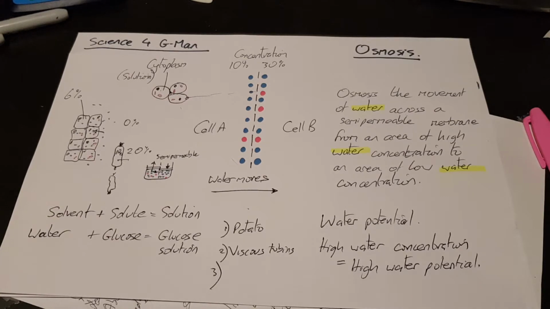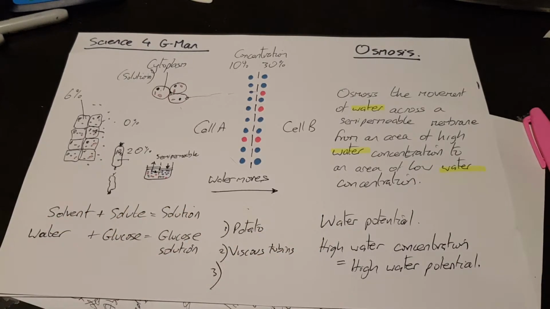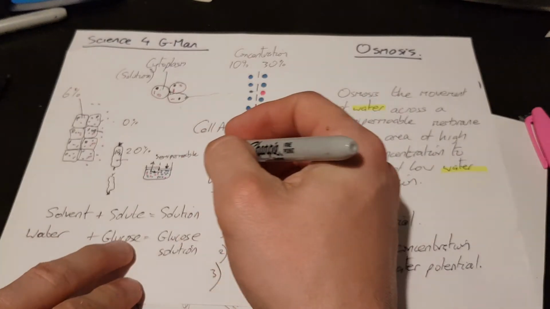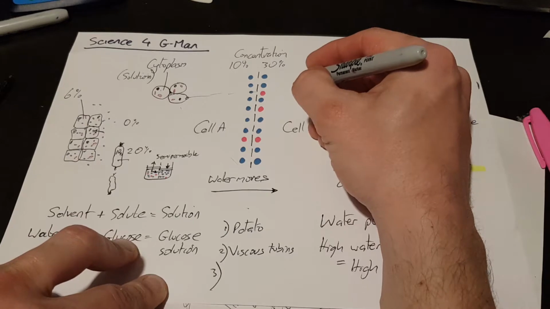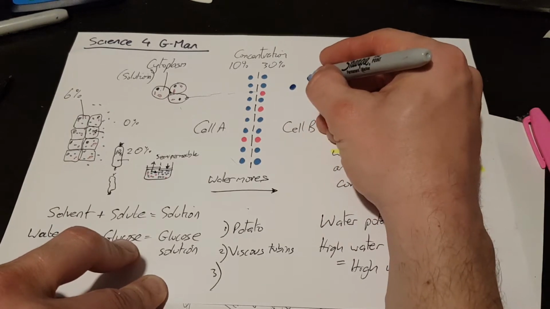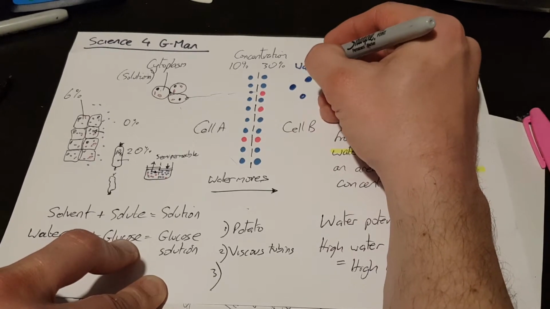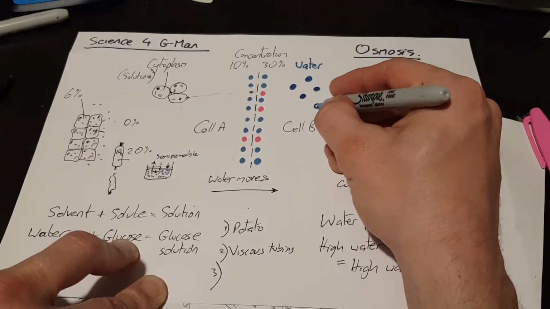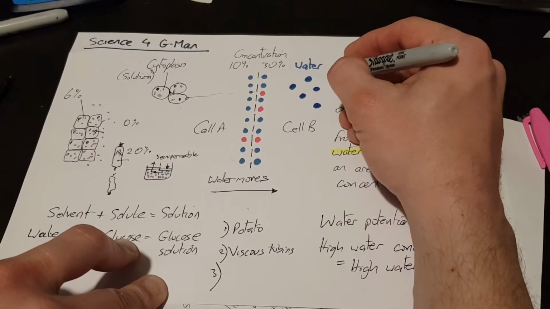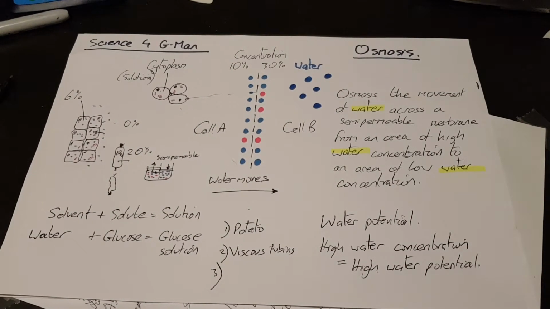But there's one more thing to consider that adds to this effect, and that's if we look really close up, what we actually see is that if we've got our water, and we put something in it.